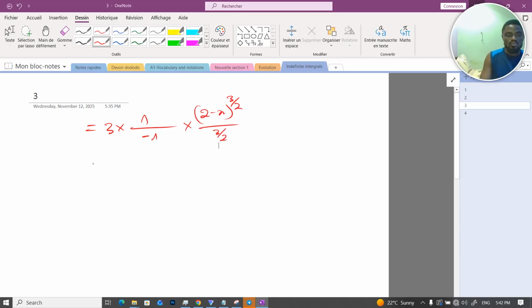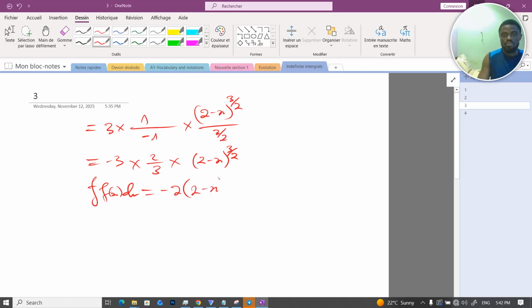So this will be equal to minus 3 times 2 on 3 times 2 minus x to the 3 on 2. So this 3 goes and we have the integral of f of x dx, which is equal to minus 2 times 2 minus x to the 3 on 2 plus our constant of integration, don't forget it, plus k1.